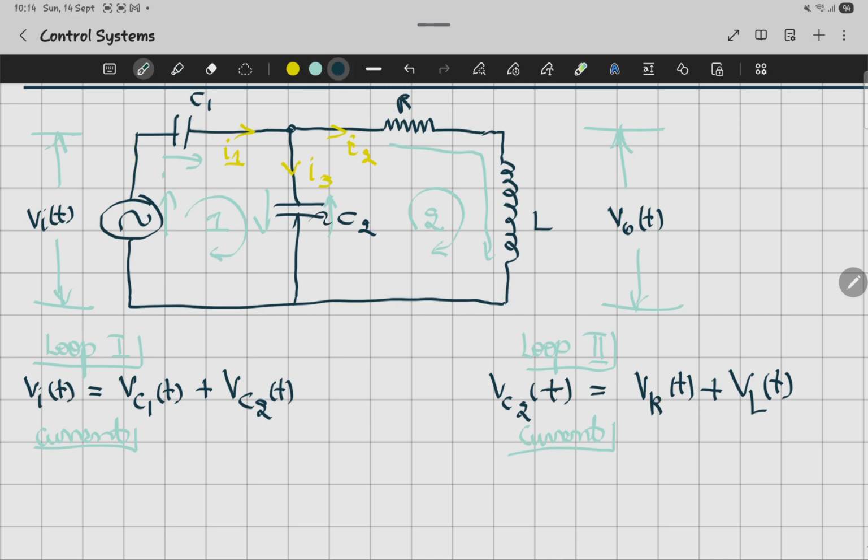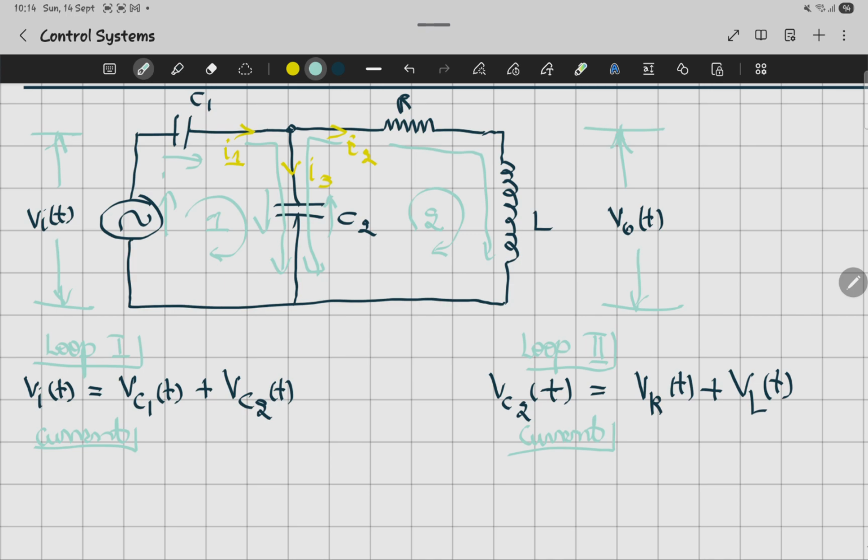Since the capacitor is in between, the capacitor receives two types of current. It receives the current from I1 and also the current from I2.